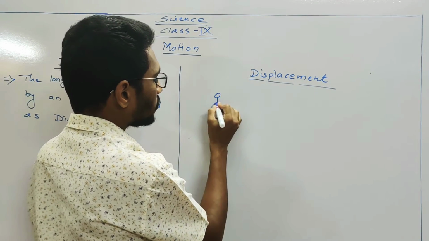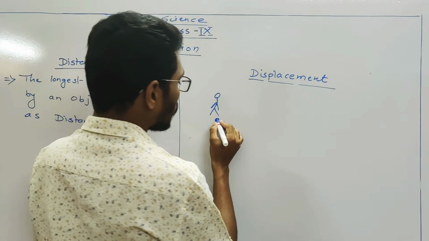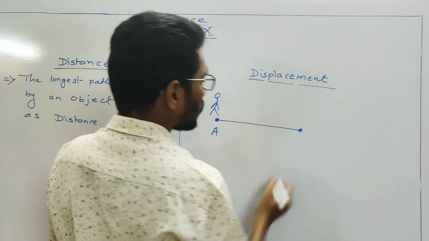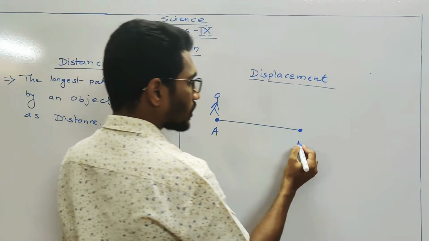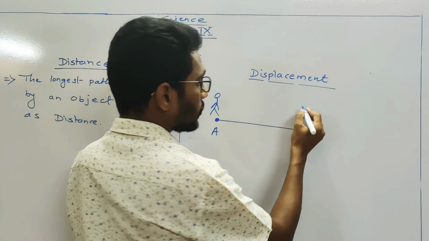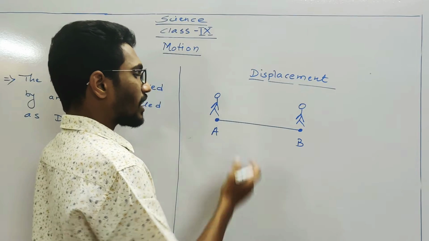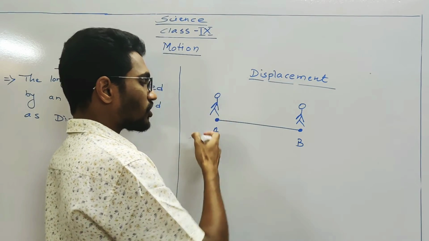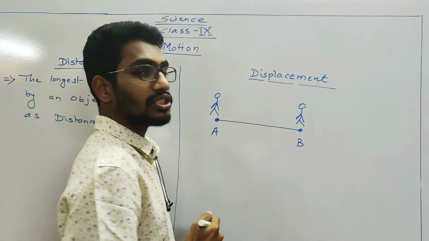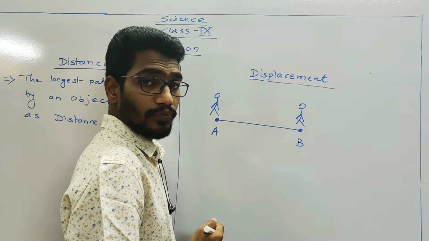Point A will be the initial position for this person, then that person is displaced from point A to point B. Now we can say that the object displaces from its initial position to the final position. Yes or no? Clear?